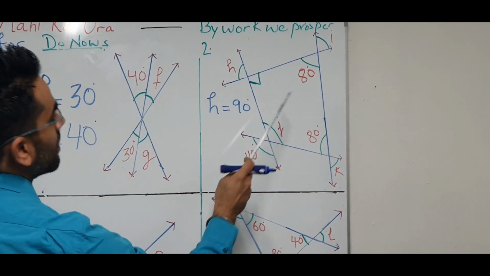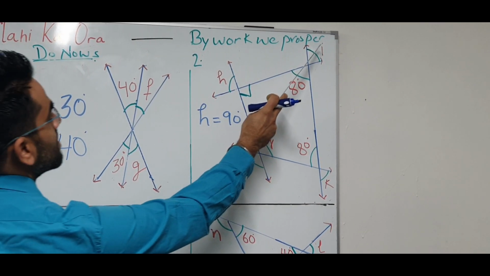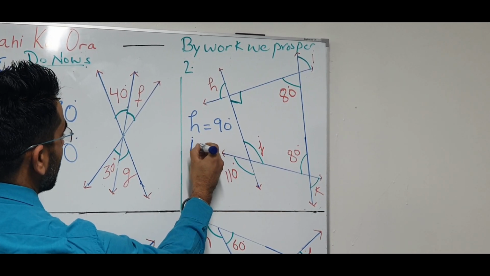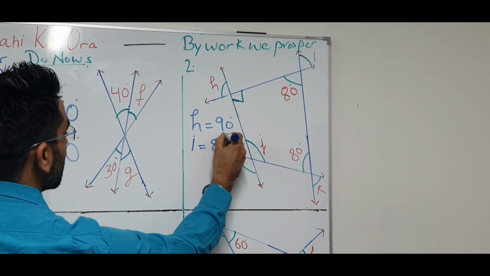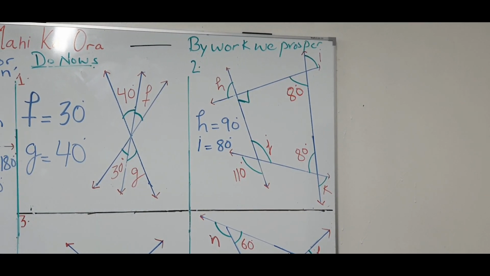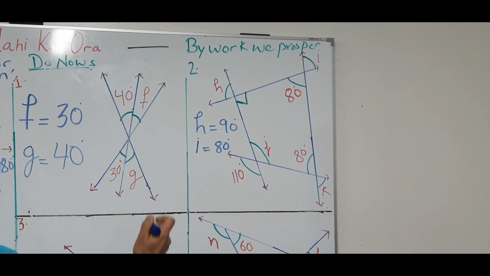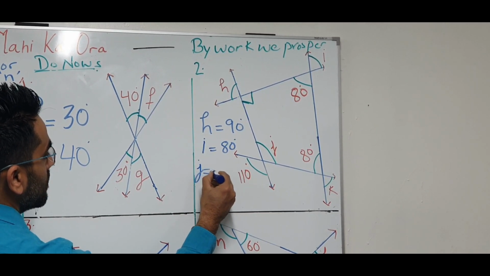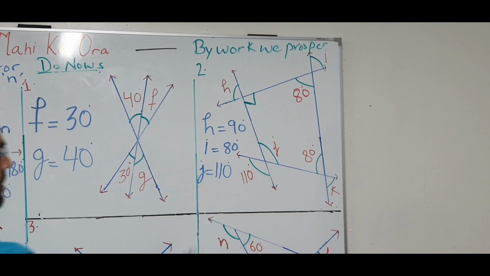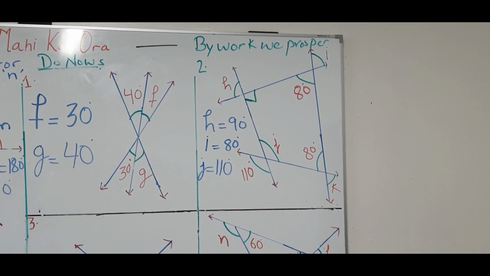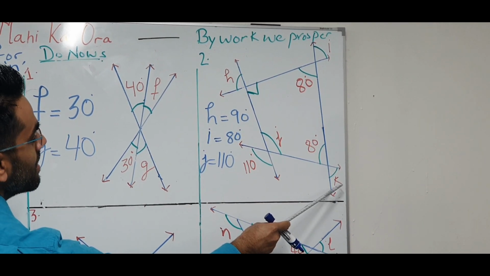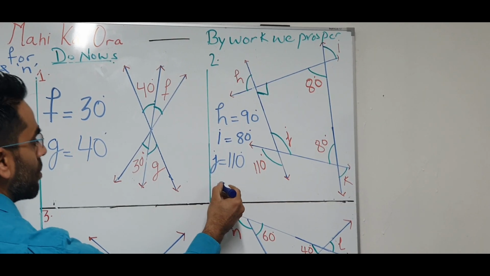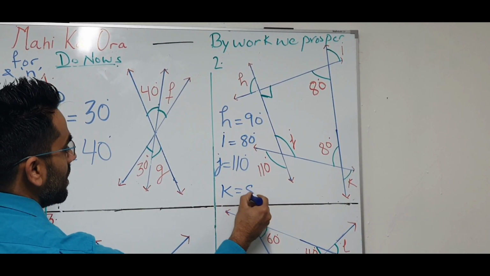If this angle is 80, then I should be 80 degrees. If this angle is 110, then J is equal to 110. And last but not least, K is equal to 80 degrees, because the angle just opposite is 80 degrees.